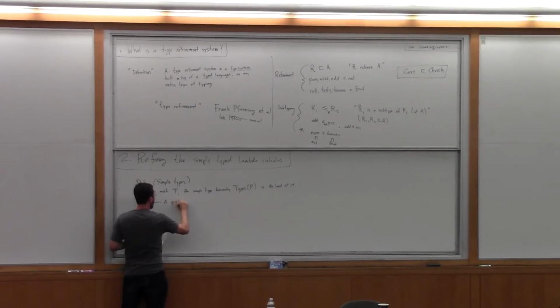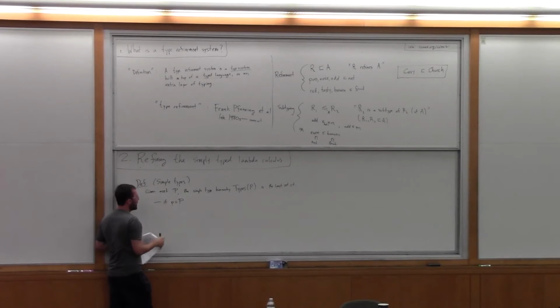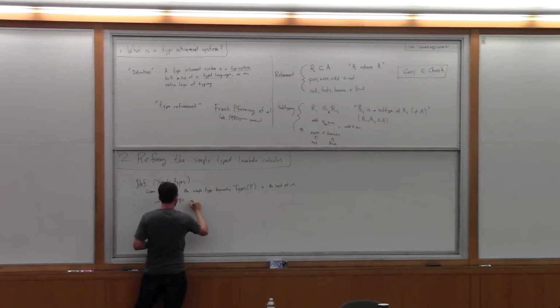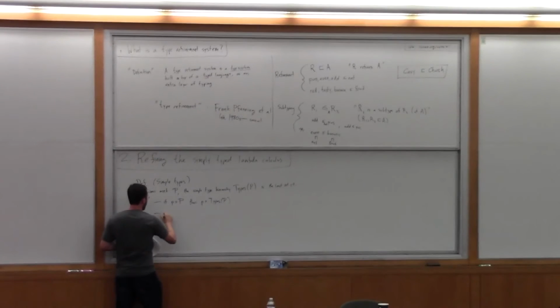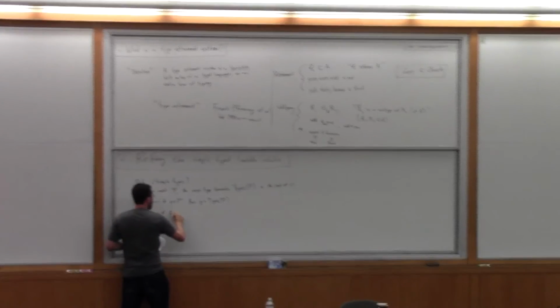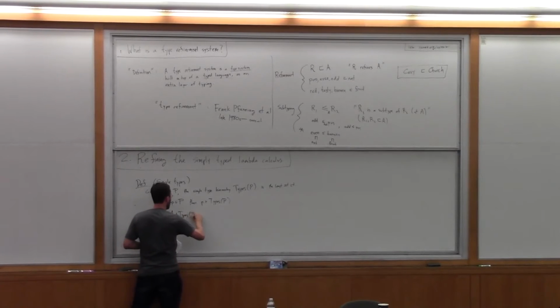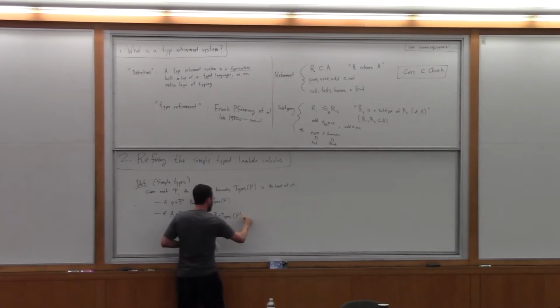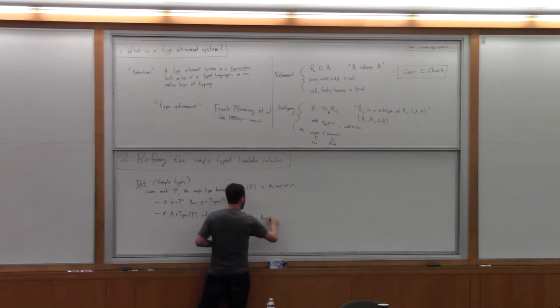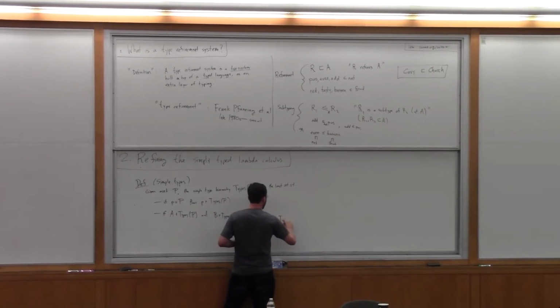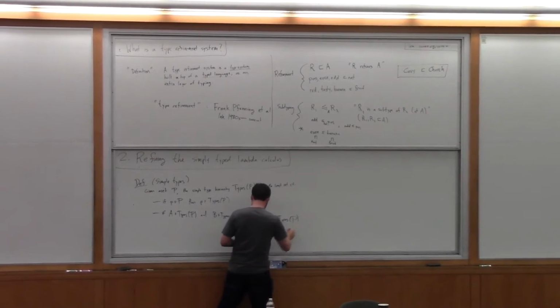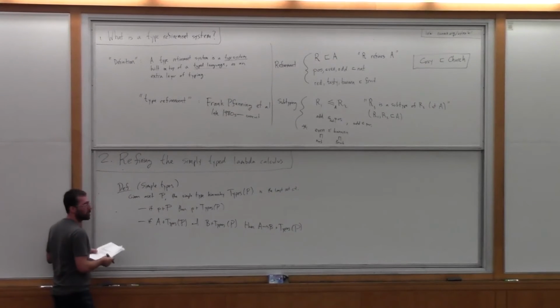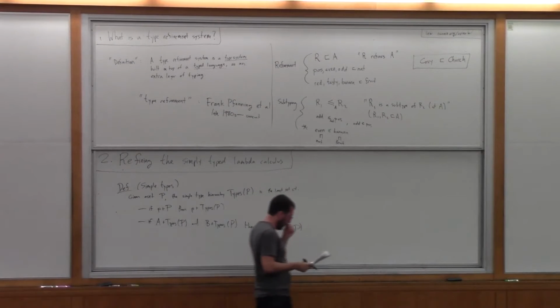I'll write little p for elements of P. It contains everything in P. If p is in P, then p is in types P. And if A is in types P and B is in types P, then A arrow B is in types P. This is the simple type hierarchy.